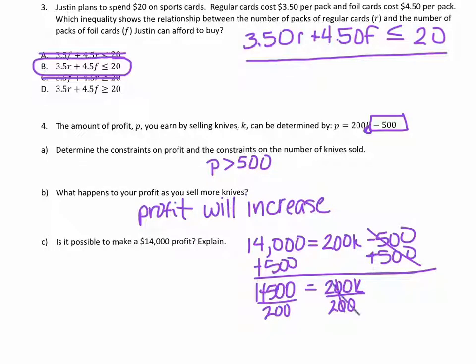Okay, that'll all cancel out. So right away I can cancel those. And I notice that I cannot take 145. Oops, let's get rid of all that and try again. So I cannot take 145 and divide by 2.